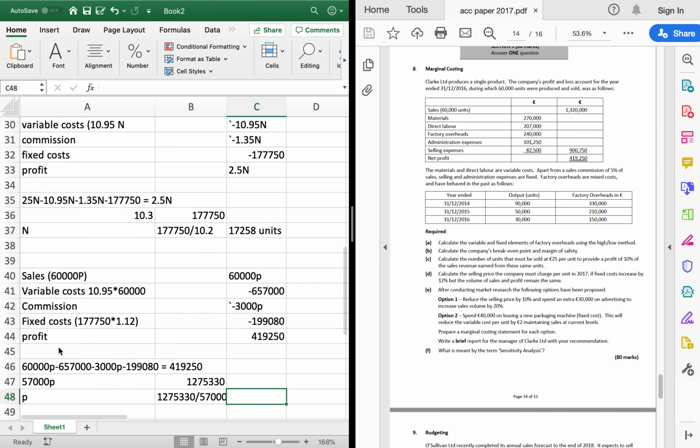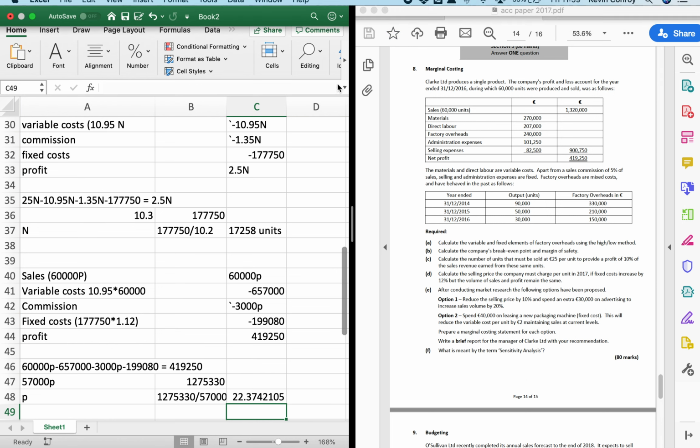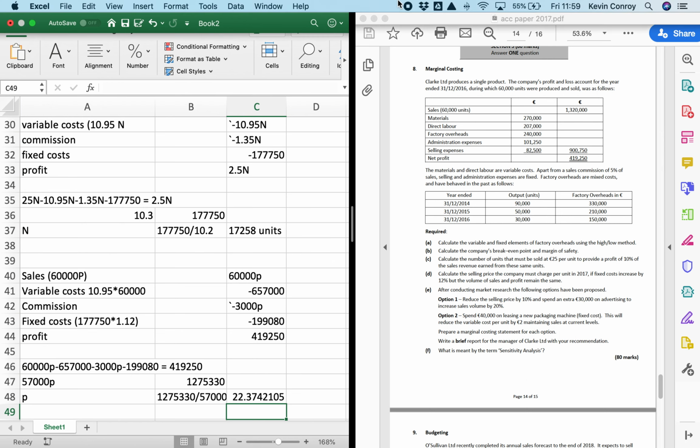And that'll be equal to 22.37. So 22 euros 37. So I'll come back to this, lads. I'll do part D in a bit.